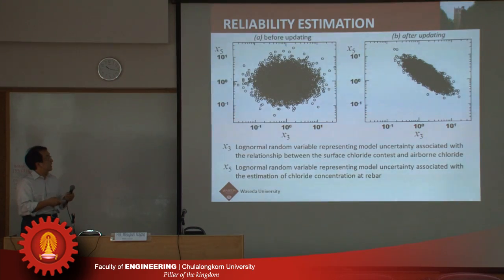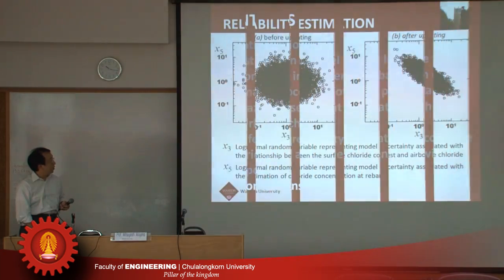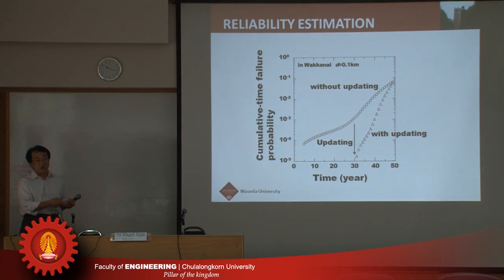As a result, the variability, the uncertainties, can be reduced like this. So reduced uncertainties can cause a decrease of failure probability like this.